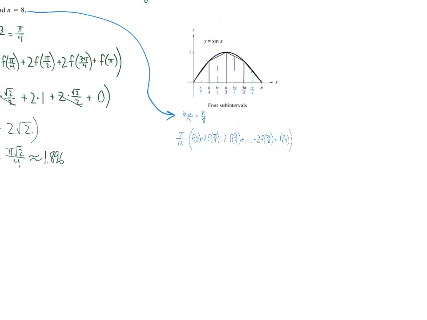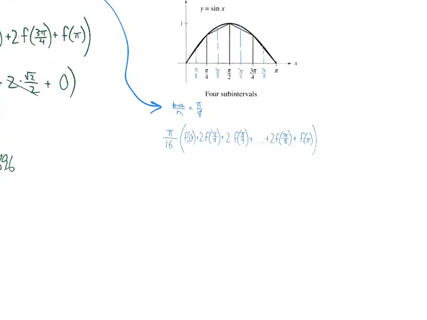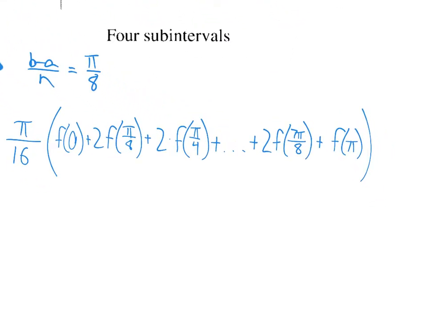Okay? Now, notice here, we would need to use a calculator because the pi over 8s are not on our unit circle. Okay? But we could at least find it.